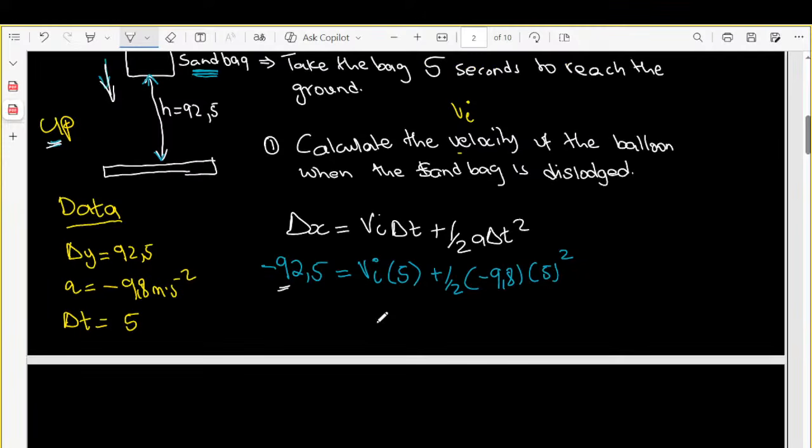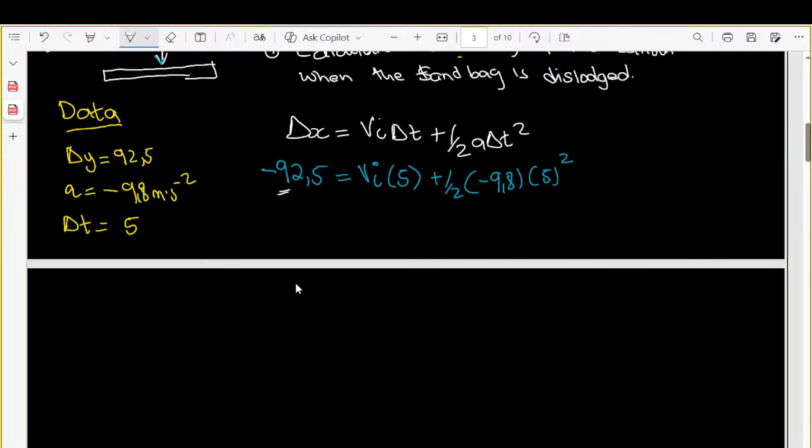Let's work. I'm just going to move this thing to this side and say this is my negative 92.5. It equals V initial times 5. Now tell me, what do you get when you punch everything here on your calculator?